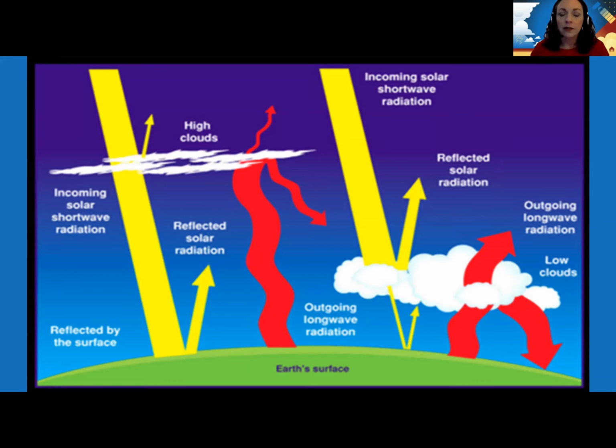So let me just take a moment here to go through this diagram. On the left side, the yellow lines are representing incoming shortwave solar radiation. And we see that a high, thin cloud, like those represented on the left side, that sunlight comes right through, right?